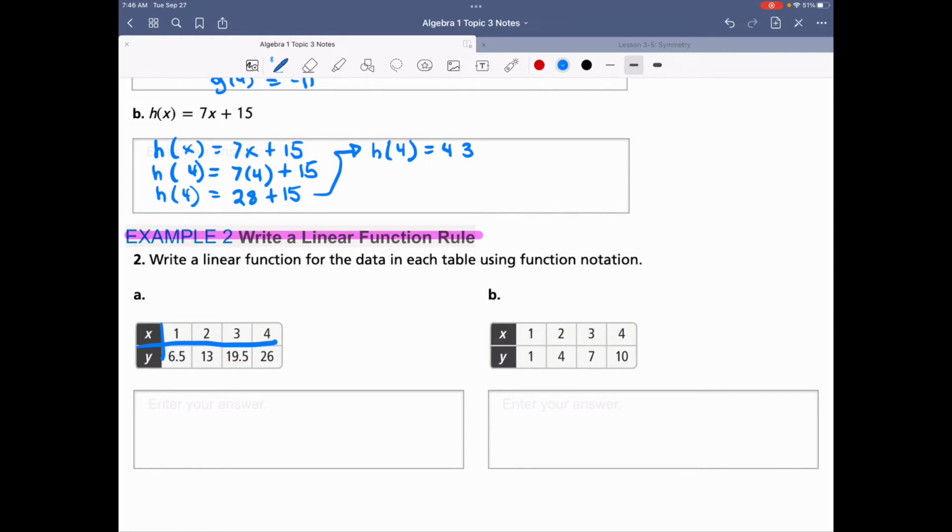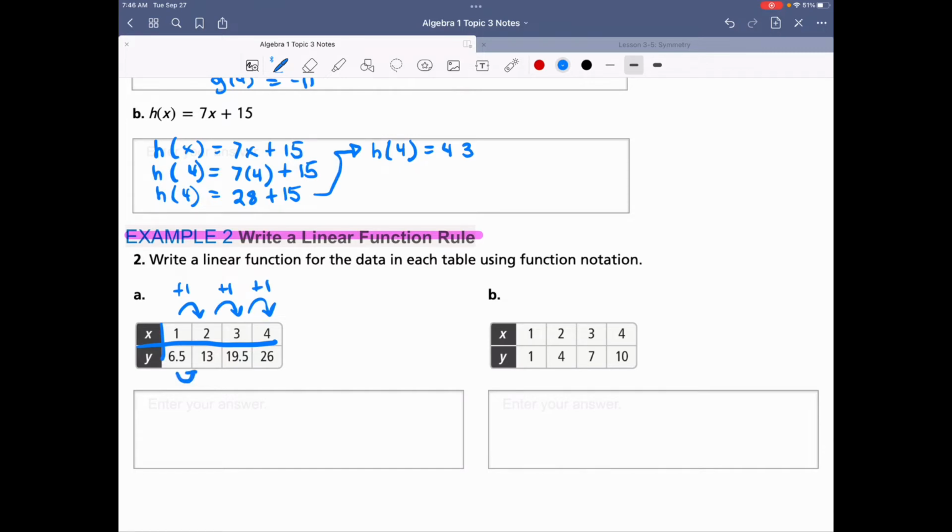Now, the first step in writing a linear function is to look at the pattern between the x values and the y values. In the x values, we notice that whenever we go from 1 to 2, 3, and to 4, we add by 1. So that's pretty easy.